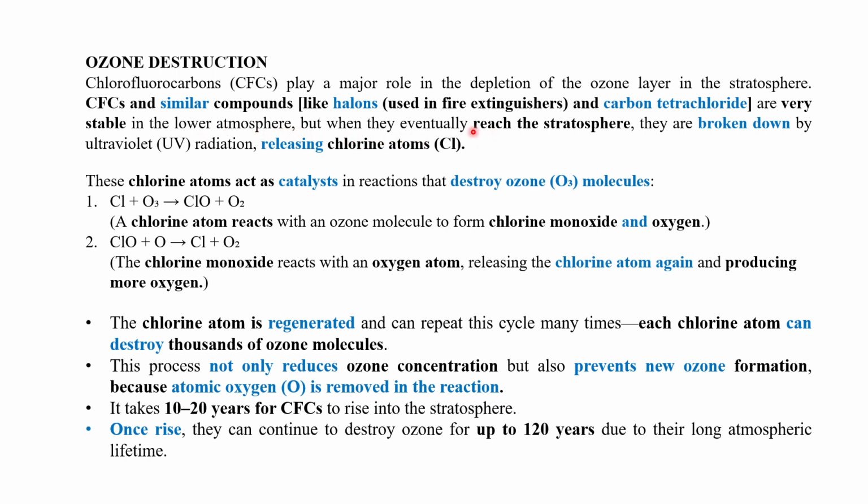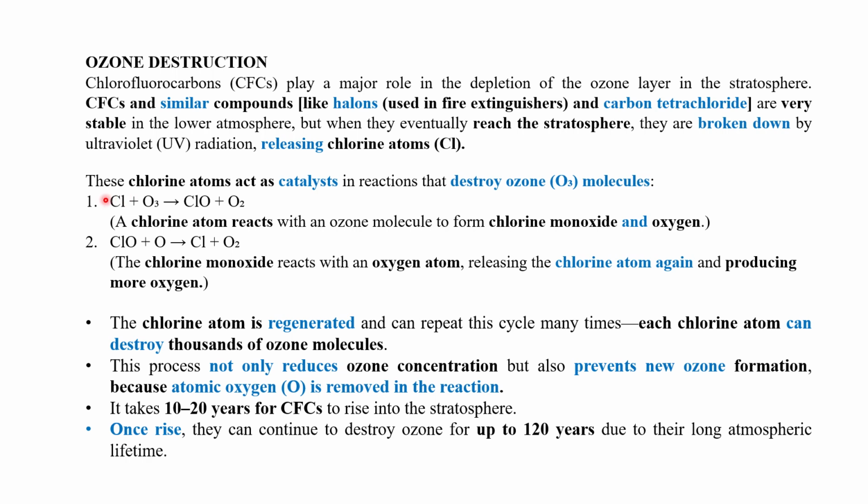But when they eventually reach the stratosphere, they are broken down by ultraviolet radiation, releasing chlorine atoms. These chlorine atoms are harmful for the ozone layer. They act as a catalyst in reactions that destroy ozone molecules.